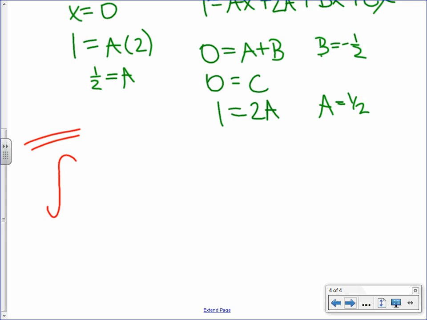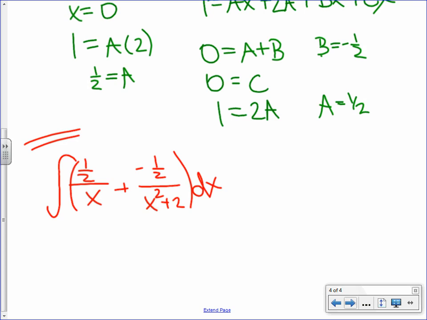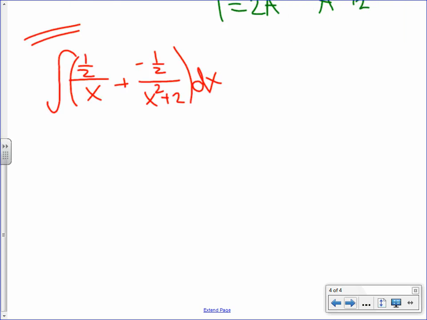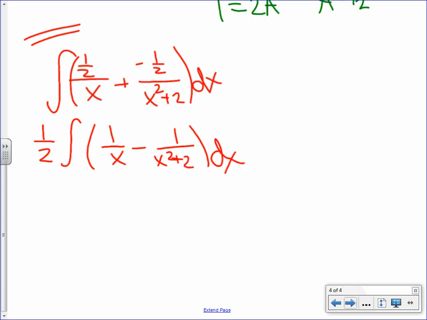So we have the integral. So a was 1/2 over x plus negative 1/2 over x squared plus 2. I'm going to do 1/2 integral of 1 over x minus 1 over x squared plus 2 dx.